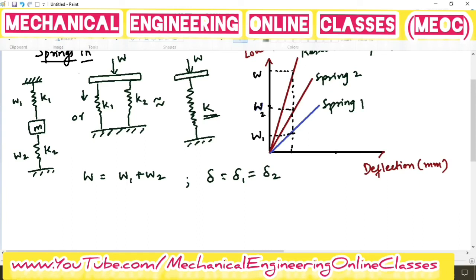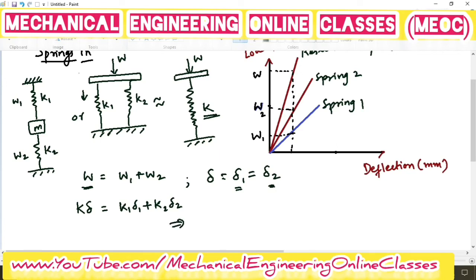Now if we write the force as Kx, then W will be K into delta, and W1 will be equal to K1 into delta 1, and W2 will be equal to K2 into delta 2. But we already know that deflection in both the springs are always equal when they are connected in parallel.